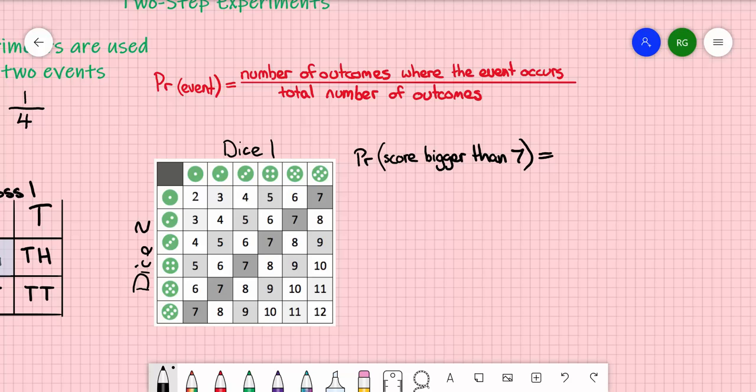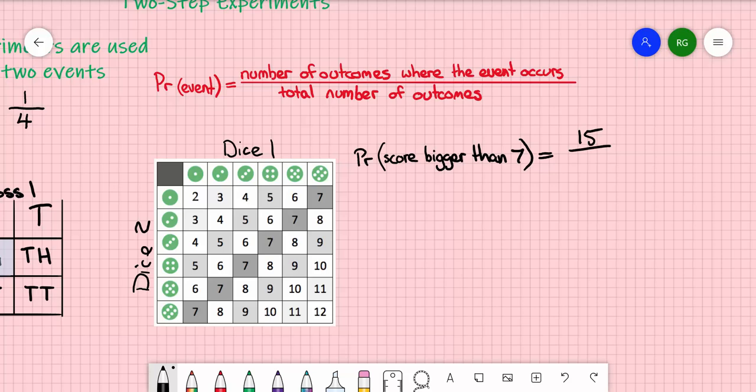So the number of outcomes where the event occurs. So how many times do we roll a number bigger than 7? 1, 2, 3, 4, 5, 6, 7, 8, 9, 10, 11, 12, 13, 14, 15 different times. So there are 15 ways of rolling a score bigger than 7.